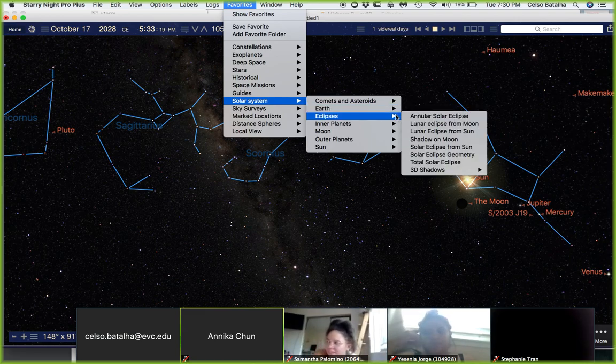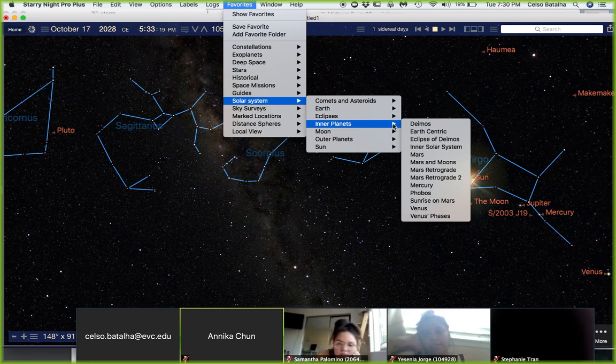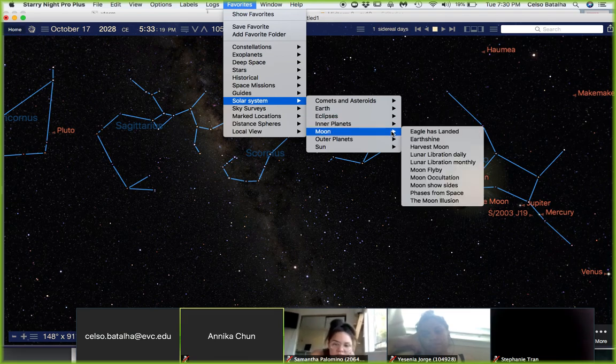Because I'm using a new edition of the software and they put it in a different place. What I'm trying to find is a description of the planetary motion in the geocentric worldview. Man, I can't find it.